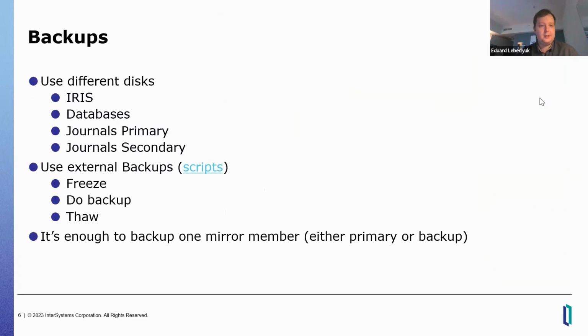So backups. Before we go into backups, the most important thing you need to remember is that you use different disks for different parts. You have the operating system on one disk, you have the IRIS installation on another disk, databases on yet another disk, and two disks for journals, primary and secondary locations.